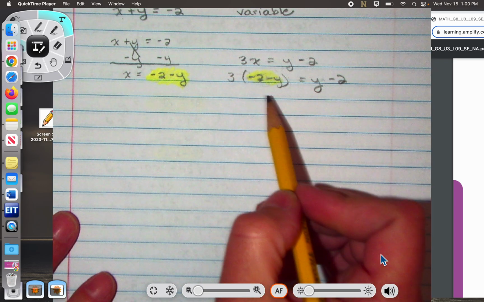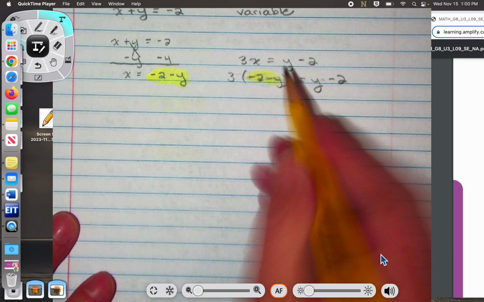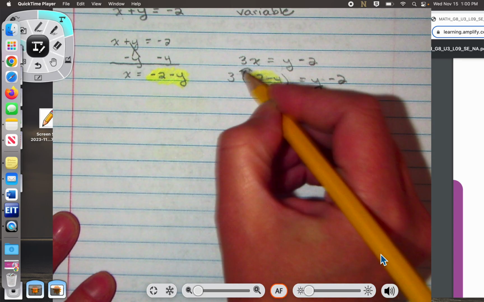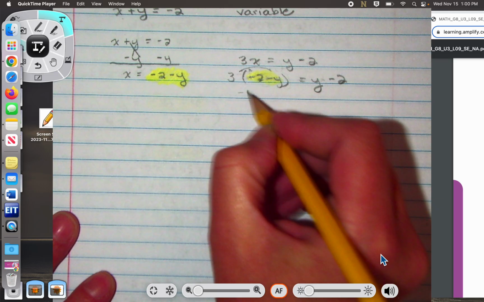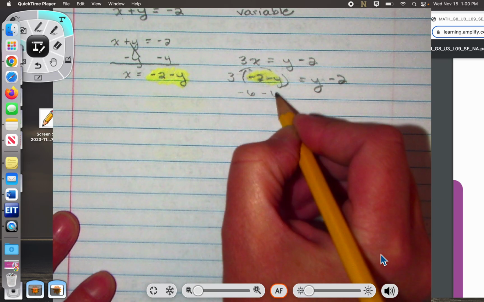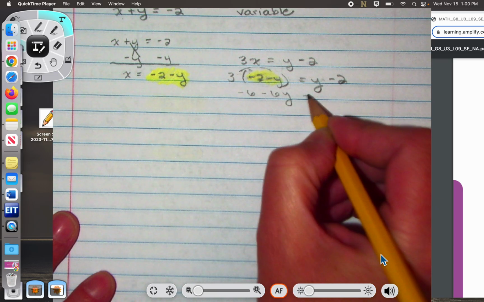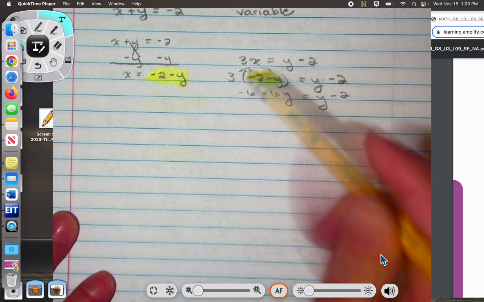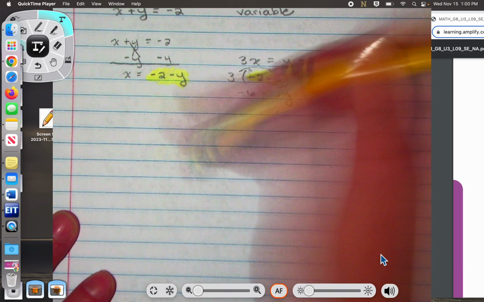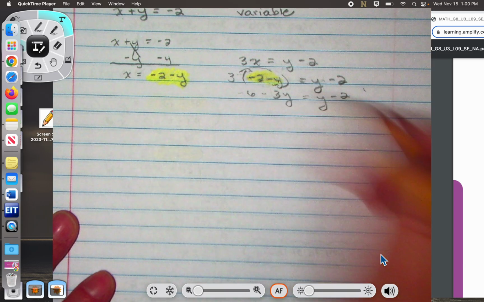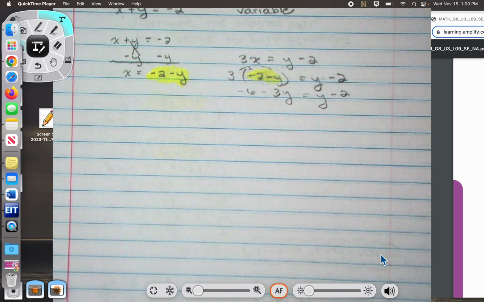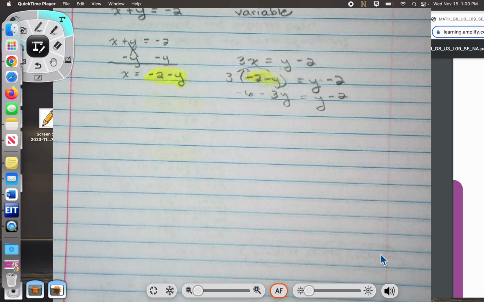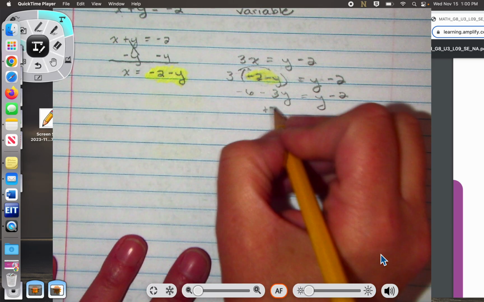So once I put this in for x, I distribute, and I get -6 minus 6y equals y minus 2. This should be minus 3y. Then I'm going to add the 3y to both sides.